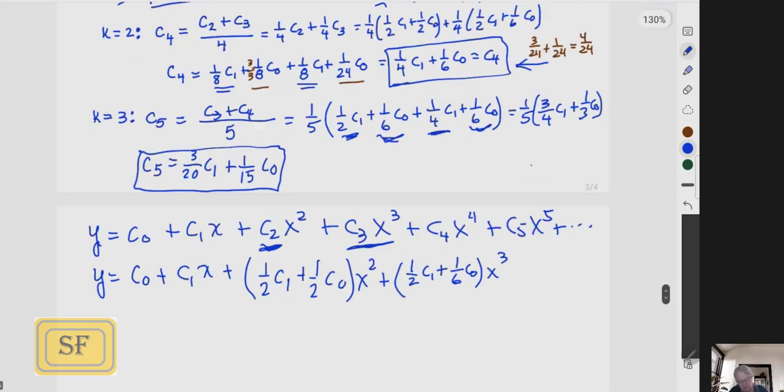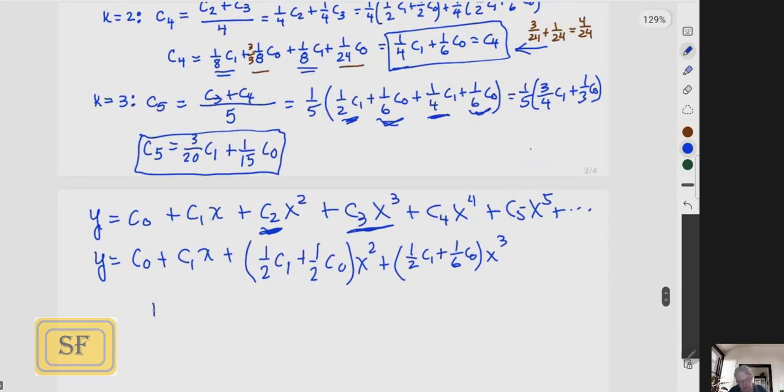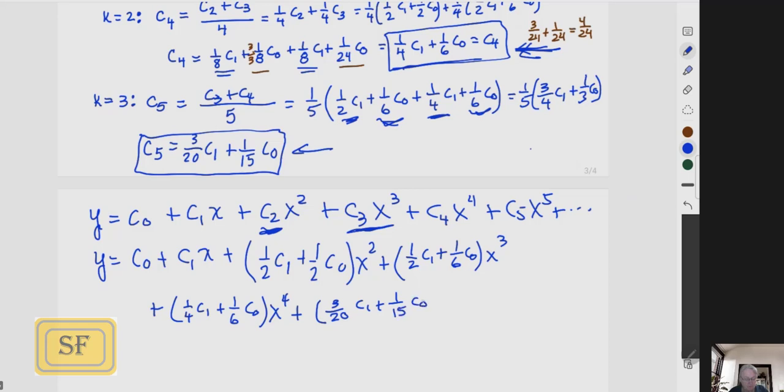Plus, my coefficient of x to the fourth is going to be C4, which is 1/4 C1 plus 1/6 C0. That's x to the fourth. And then my x to the fifth term, the coefficient is defined by C5, which is 3/20 C1 plus 1/15 C0.